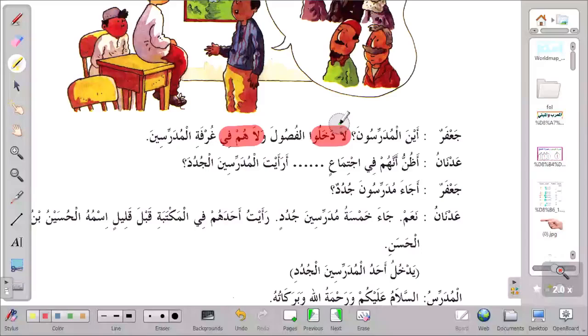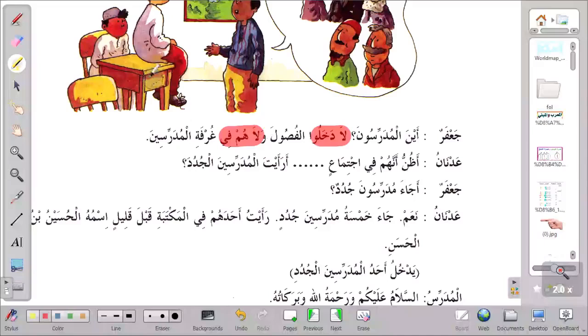Ma. So in the case where la is used, it is going to be repeated. So you can see la dakhalu wala hum. Mostly when la is used to negate a past tense verb, it is going to be repeated, and that is what we say in English, neither nor.